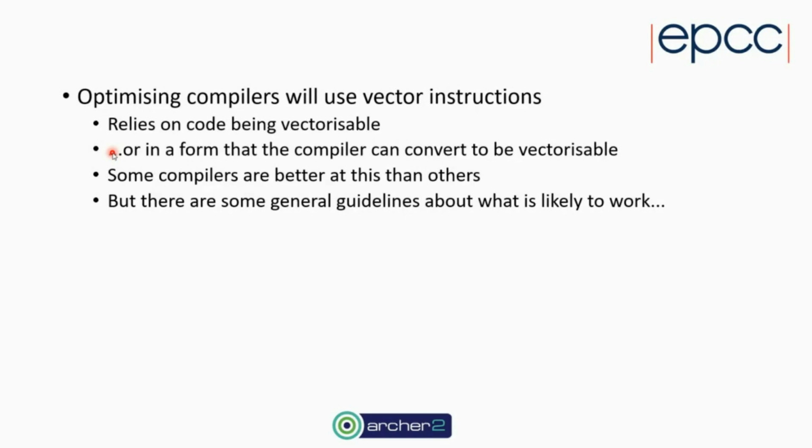Now, compilers will produce vector optimizations for you. They'll take your code and turn it into vector instructions where they can. But it relies on the code being in a form that the compiler can recognize as amenable to vectorization.